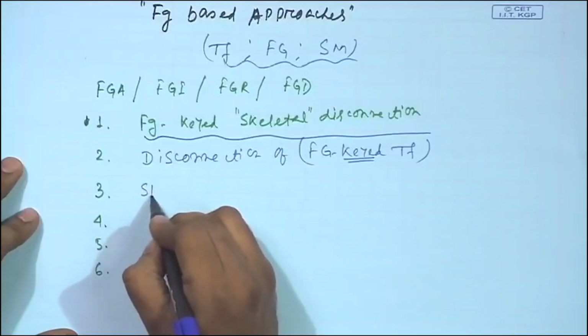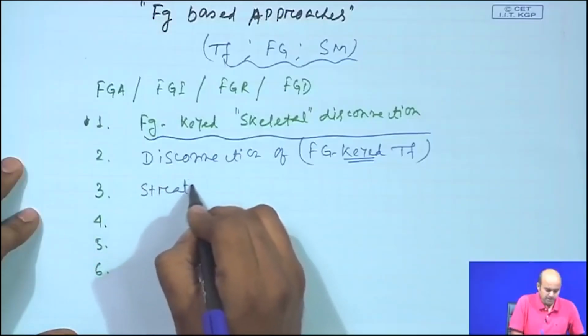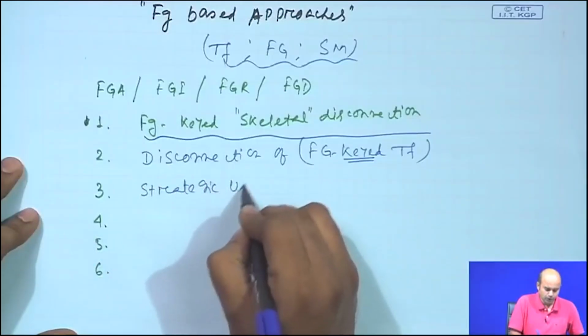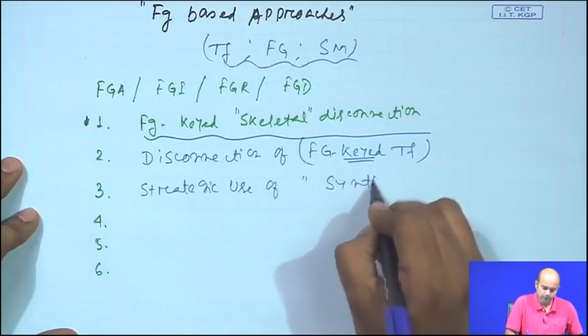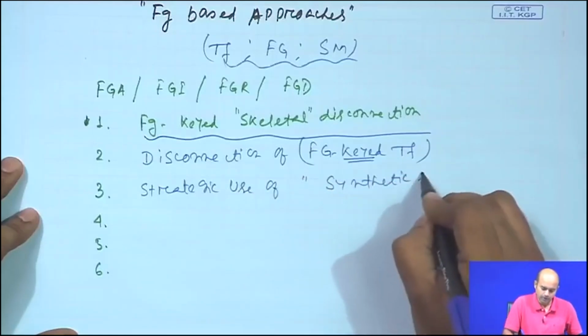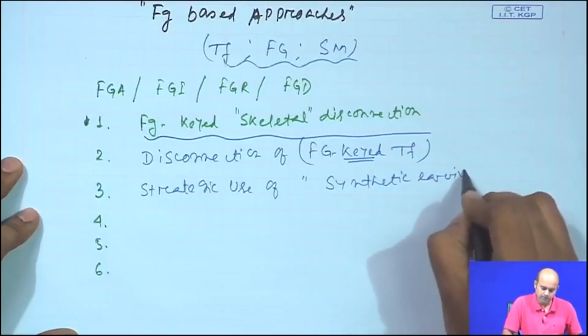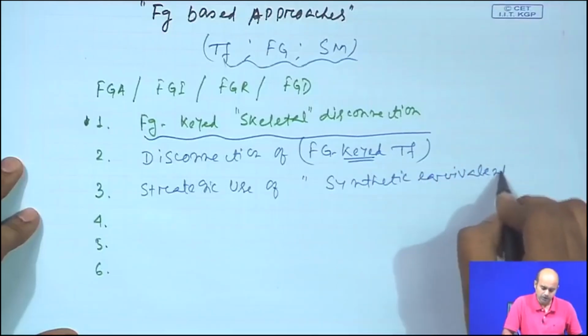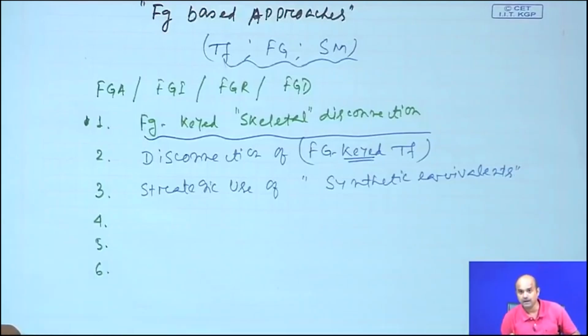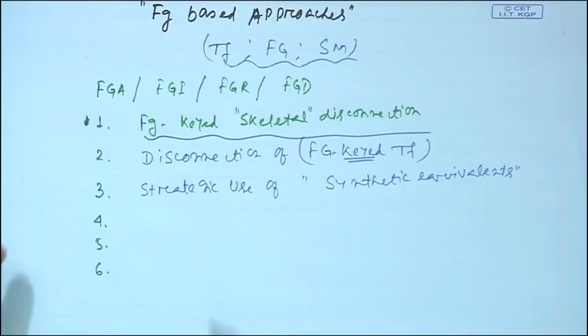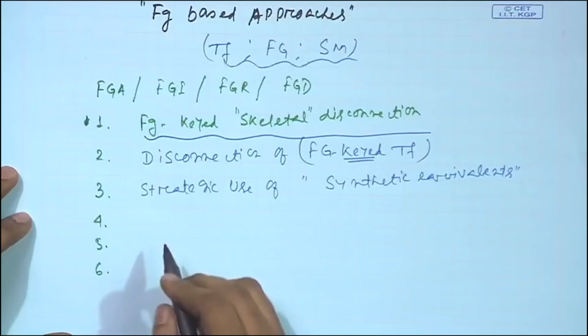Number 3, we will be talking about the strategic use of synthetic equivalents. We will spend much more time on synthetic equivalents a little bit later, but as I said, formyl anion and acetyl anion are synthetic equivalents we have already discussed.